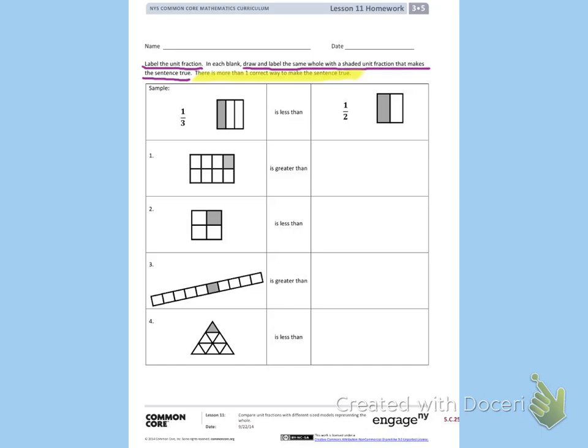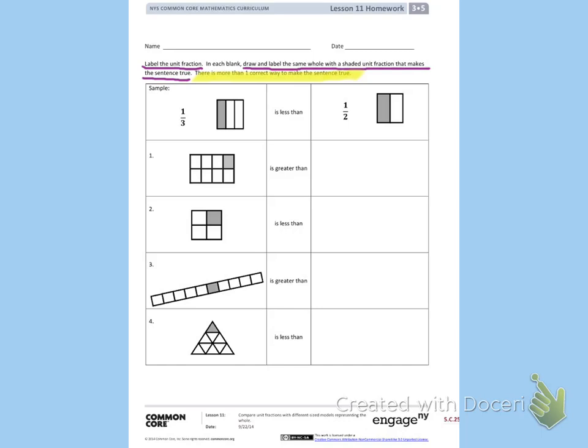Looking at the sample, I can see in the first column a rectangle that has 3 equal parts in all, and one of them shaded. 1 out of 3 is shaded, or 1/3 of the rectangle is shaded.